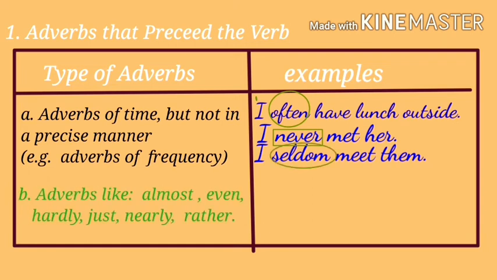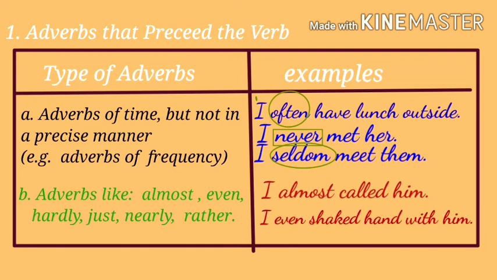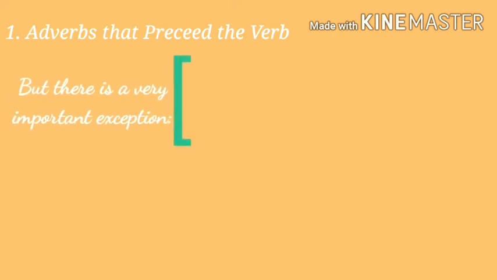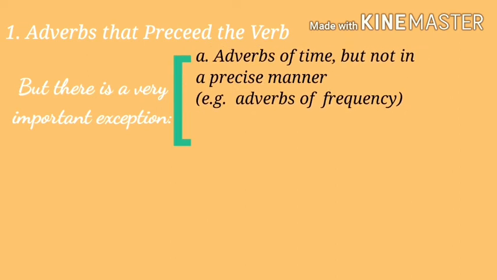Now B, we can see also before the verb adverbs like almost, even, hardly, just, nearly, and rather. As you can see in the examples, I almost called him. I even shook hands with him. But there is a very important exception, of course, regarding the position of the previously mentioned adverbs.